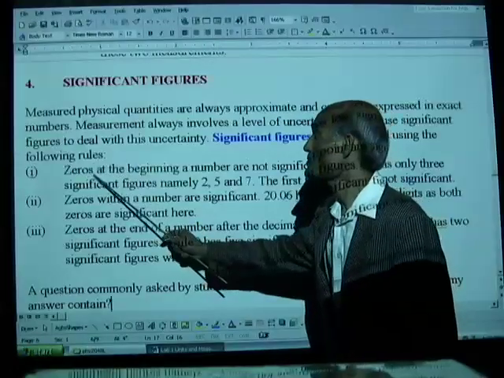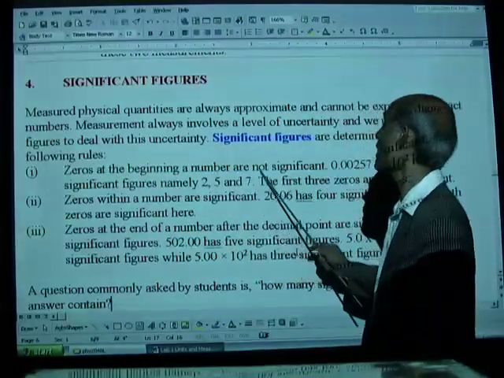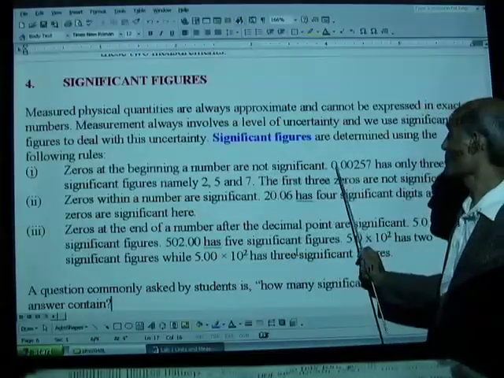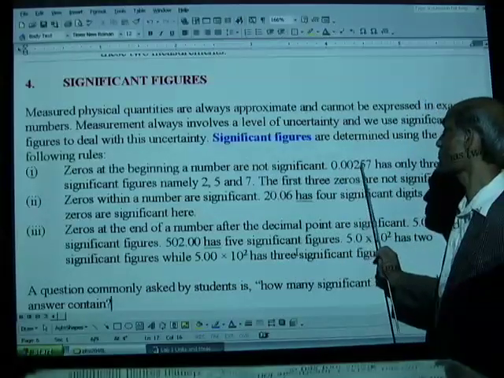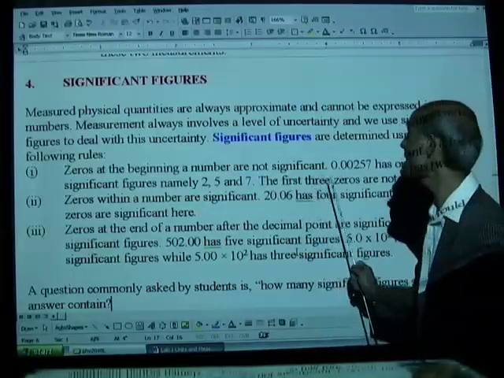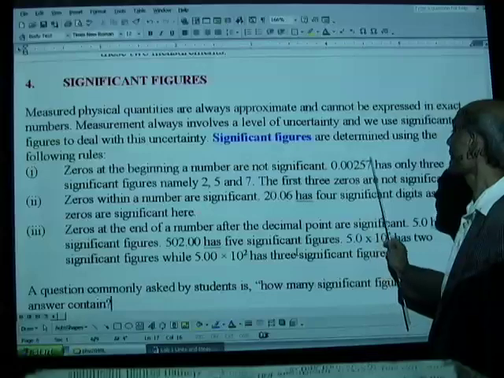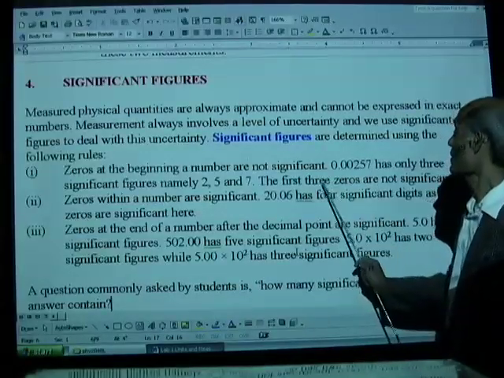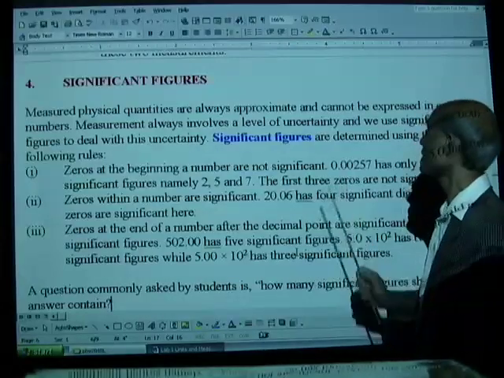For example, zeros at the beginning of a number are not significant. For example, 0.00257 has only 3 significant figures. What are they? This 2, 5 and 7. These zeros are not significant.